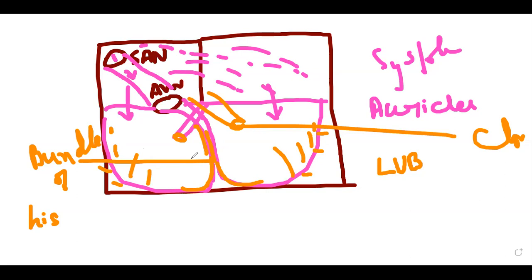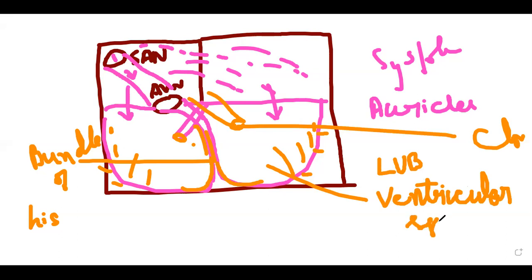So now when the impulses are transported to both the right and left ventricle, the ventricles undergo contraction. This is called ventricular systole.